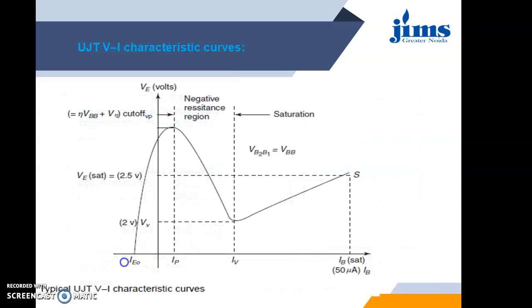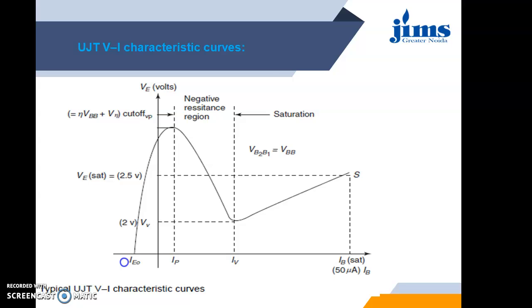Now this is the VI characteristic curve of the UJT. The first thing to consider is that current is taken on the x-axis and voltage on the y-axis, because the voltage depends on the current. Until the emitter voltage VE reaches its maximum voltage VP, the device remains in its cutoff region and the current is almost 0.